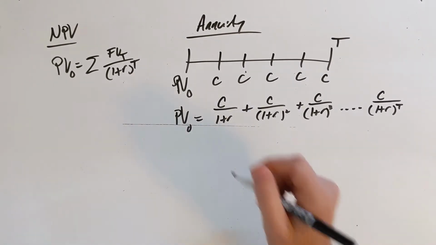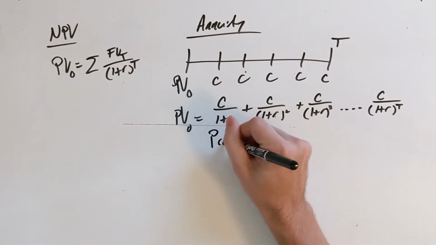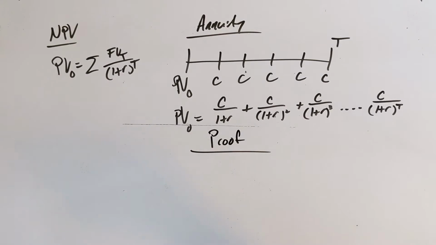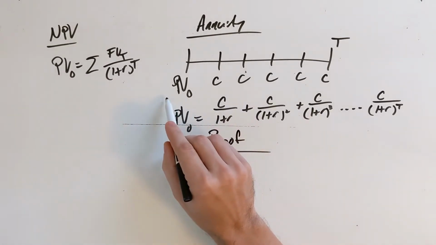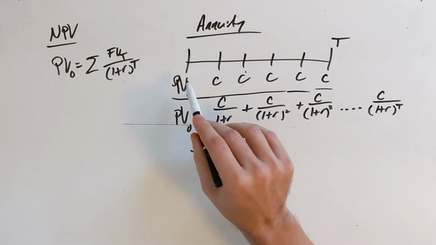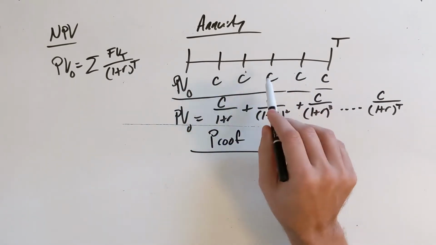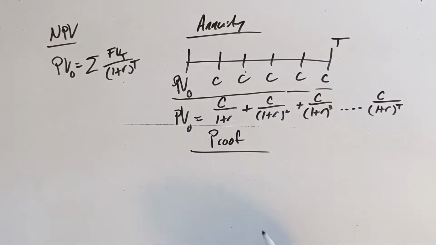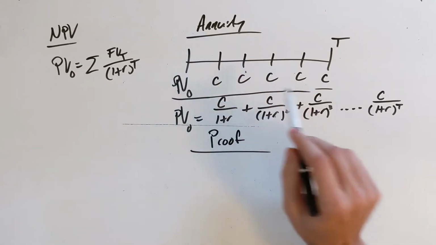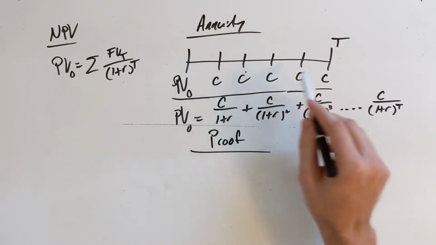The proof that we are about to do will show where the formula for an annuity comes from. What I want you to do is think about this timeline. This timeline says that you've got these cash flows that go out and they stop at time T. I mentioned that the only difference between an annuity and a perpetuity is that the annuity stops.